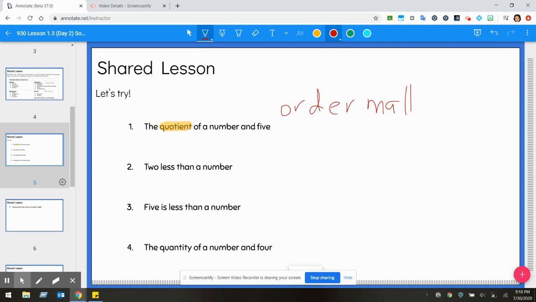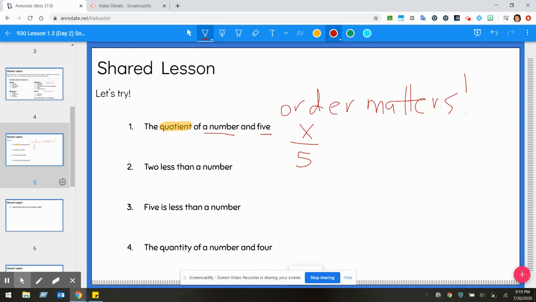A number is going to be your variable, and normally you can choose any variable you want, so I'm going to stick with the variable x. The quotient of a number and 5, here the order matters. So a number comes first, and it's going to be divided by 5. So x is going to be our numerator, divided by 5.